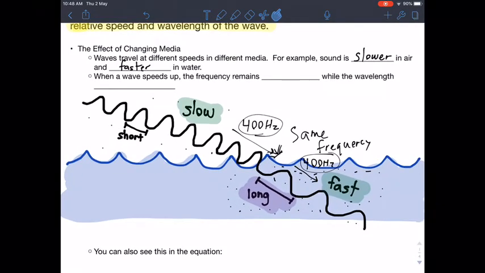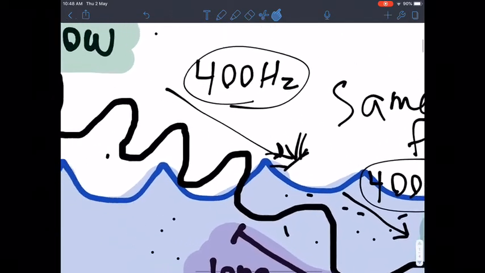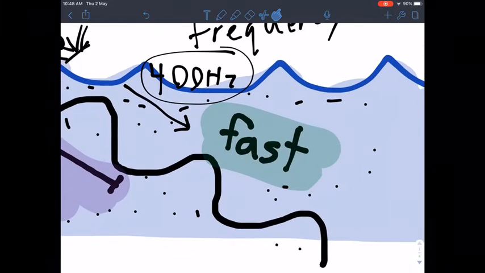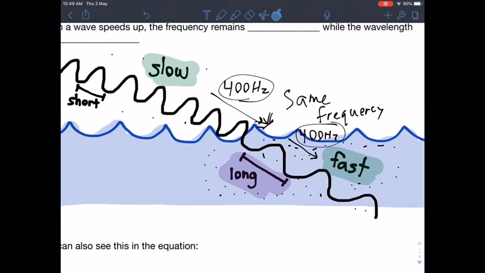But I want you to see that when the wave speed changes, that's going to change something else about the wave. So here you have these waves going relatively slowly at a frequency of 400 hertz, and here they're going faster at a frequency of 400 hertz. What that does is it stretches the waves further apart.